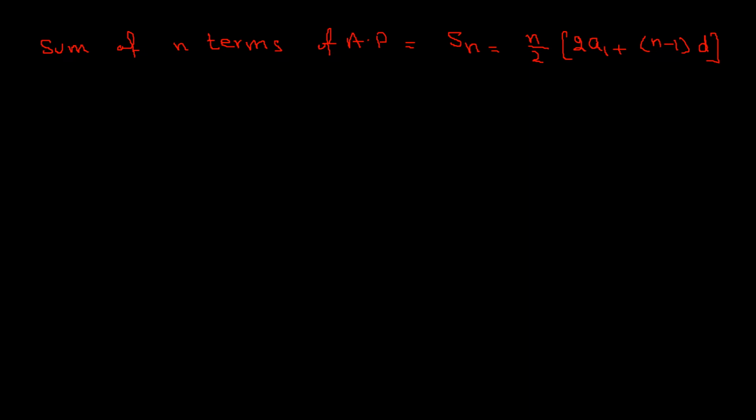As we have seen in the previous video, the nth term of an AP is a1 plus n minus 1 into d. So from here we can see that Sn can also be written as n by 2 times a1 plus an. These are the formulas for the sum of an AP, and by using them we can get the sum of n terms of an AP.